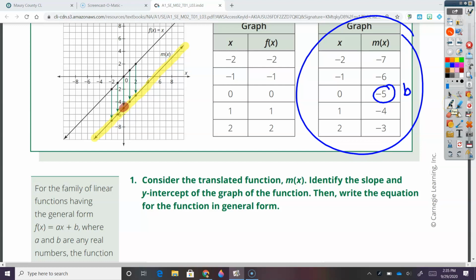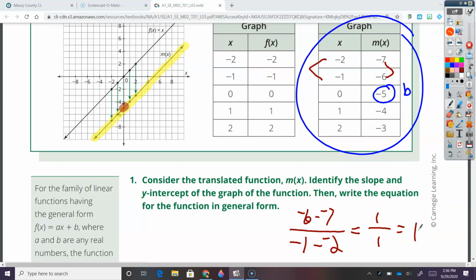So I know what my y-intercept is. Now we need to know what my slope is. Well, there's two ways you can do it. I can take the difference of my y's, which will be -6 minus -7, over the difference of my x's, which would be -1 minus -2, which gives me +1 over 1, which gives me a slope of 1.